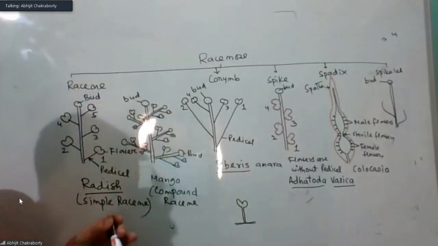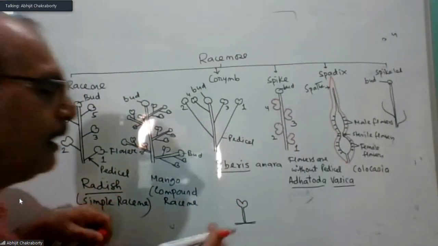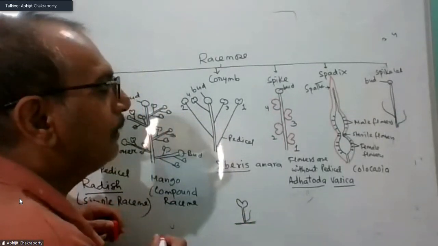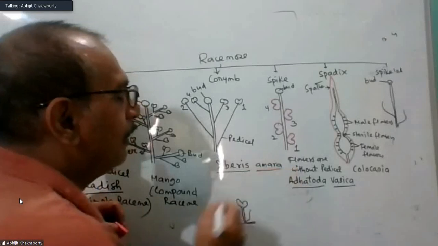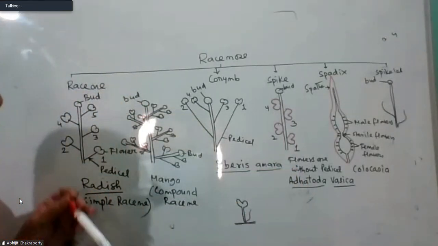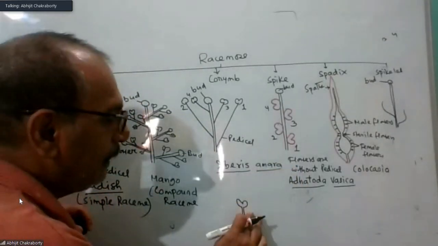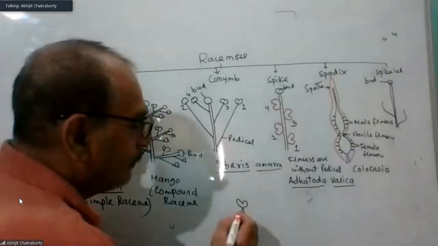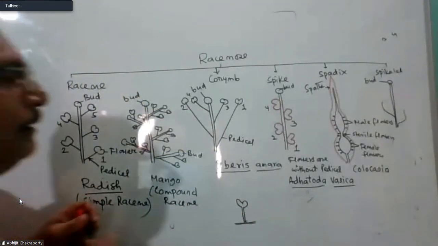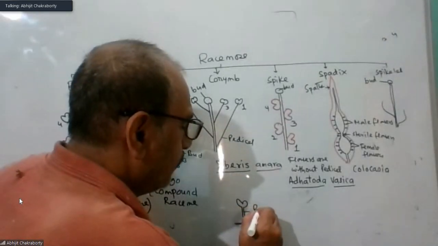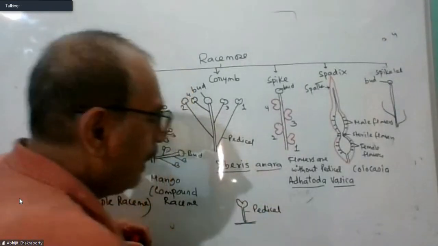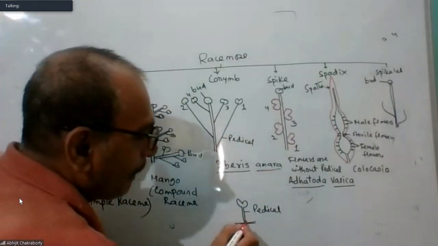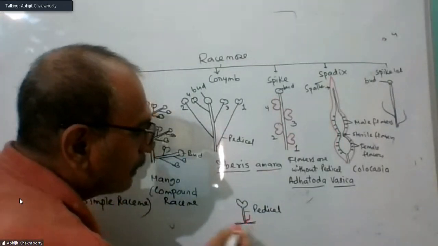At the base of the flower, some reduced leaf-like structure is found. Sir, say Karim's example once more. Iberis amara. Now you see, in some flowers, this is the pedicel. At the base of the pedicel, a reduced leaf-like structure is found.